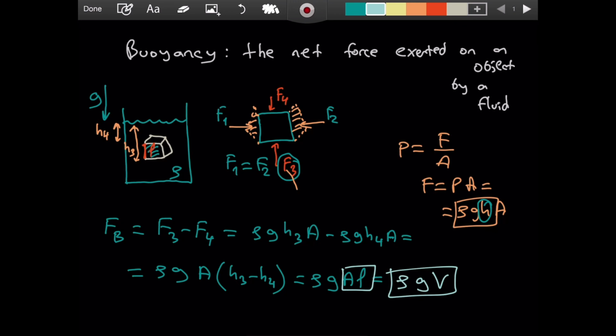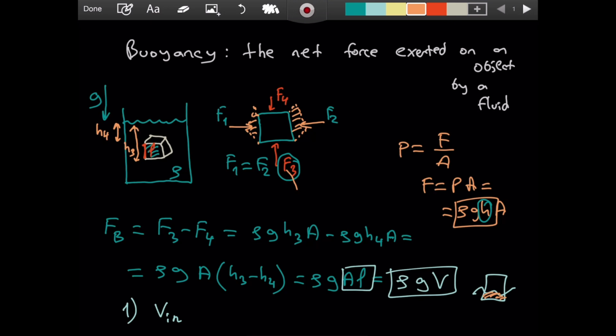Now, this was a very quick derivation, but I want to highlight two important things which may not be obvious from this derivation. What I want to highlight first, let me write one here, is that the volume is the amount of volume that is inside the fluid. So this is V inside. If, let's say, we have an object like this, then in this case we are interested in this volume, the amount that is inside.